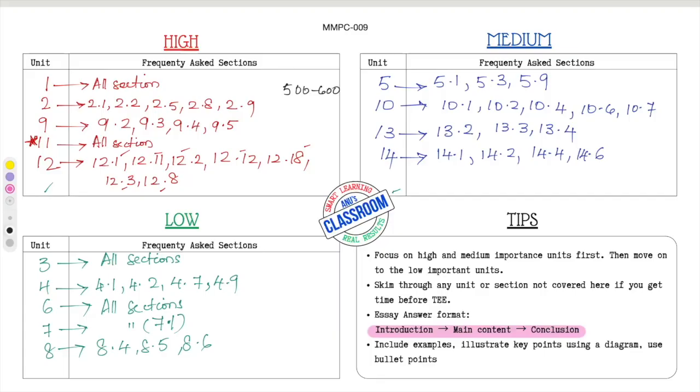So from all blocks you will get questions. If you have a basic understanding of the things mentioned in your IGNOU MBA course material, then definitely you will get pass marks because you will be able to write everything. So focus on these important units, prioritize them and learn them. You will pass, don't worry.